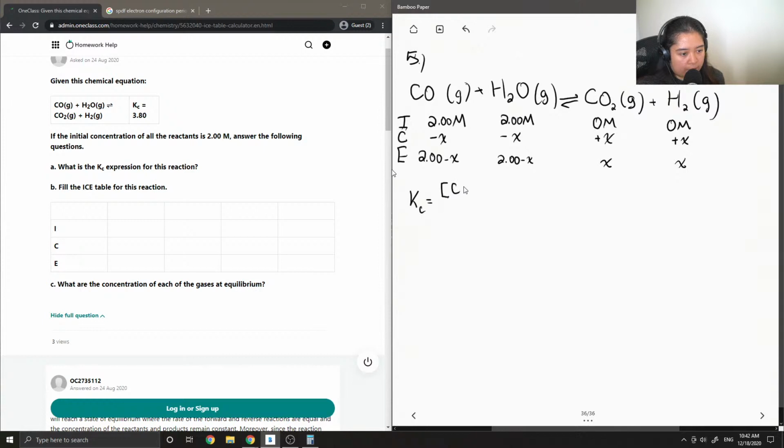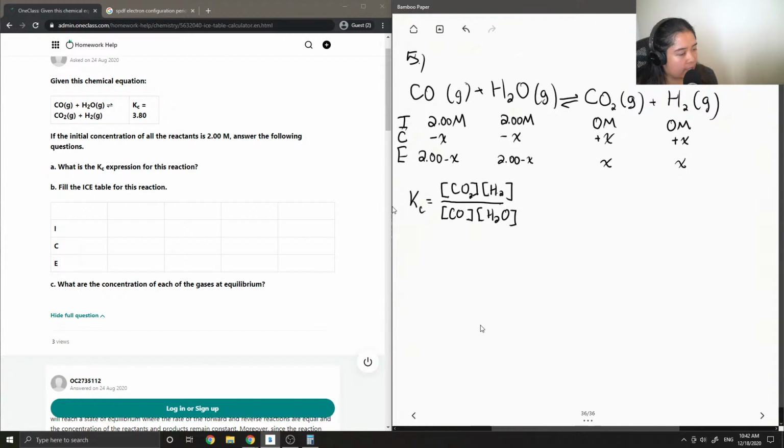So this is found by multiplying the concentration of our products. So our products are CO2 and H2, and it's going to be divided by the concentration of our reactants, which is carbon monoxide and water.